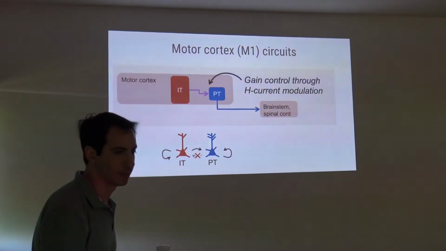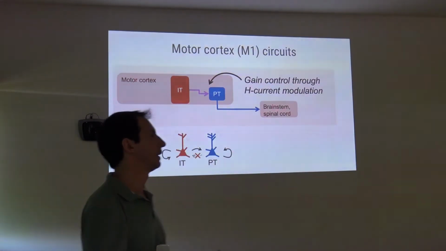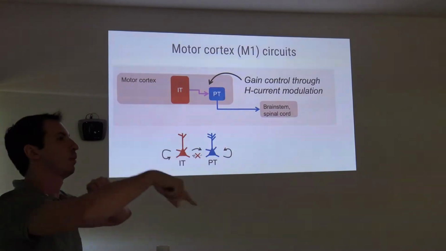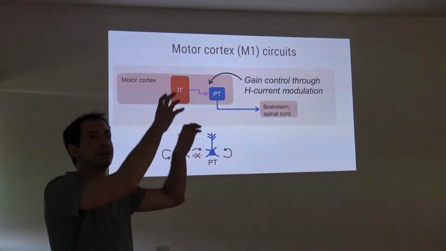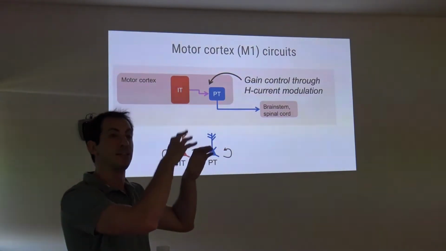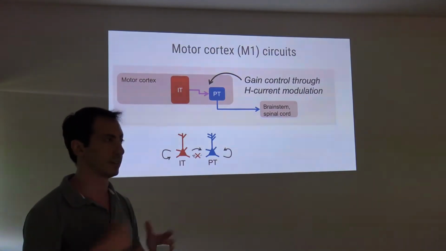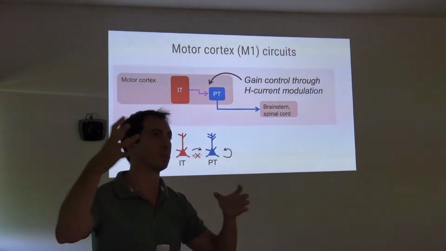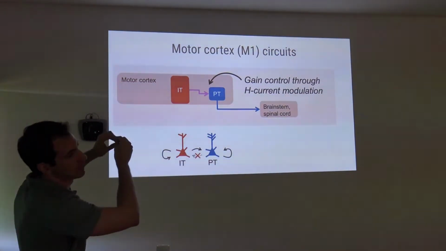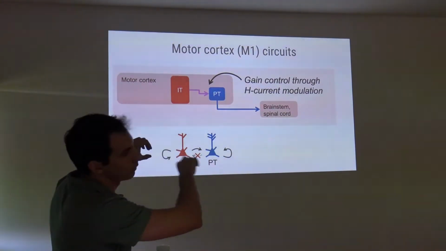Okay. So one very important feature of motor cortex that was discovered is that these IT cells project to PT cells, but not the other way around. So you have a downstream connection where these IT cells are processing information within the brain, for example communicating with the sensory cortex areas, integrating information from what we are seeing and what we are feeling, and then sending the motor commands down to PT cells, and then PT cells down to brainstem.